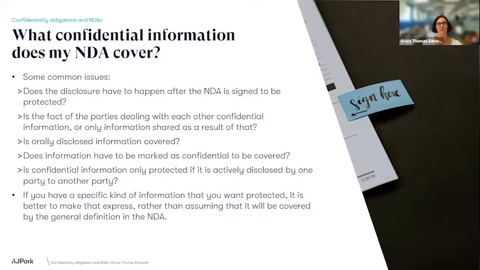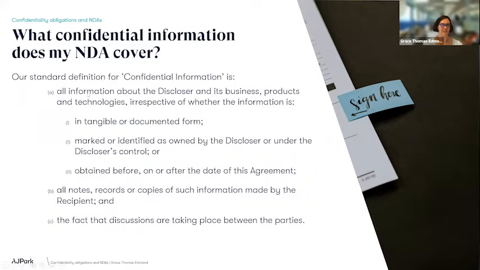Like say they visit your factory and they see something, and you would want that to be protected, but you're not actively disclosing it to someone else. That's why our standard definition is all information about the disclosure and its business. It doesn't require the person to disclose it to the other person in order for it to be protected.